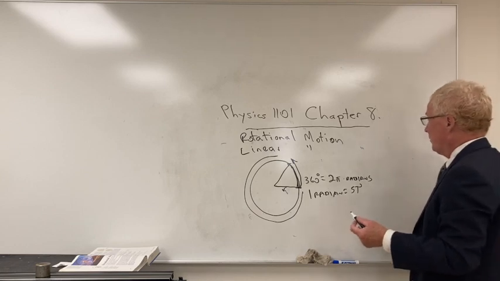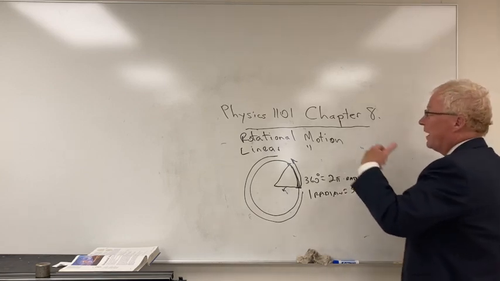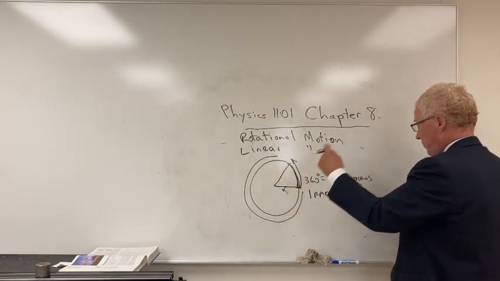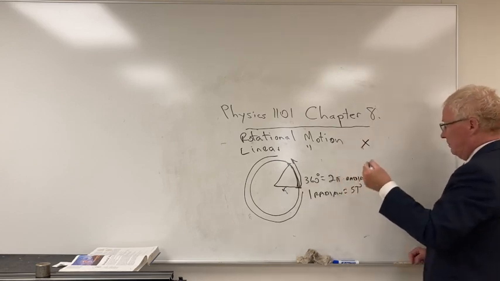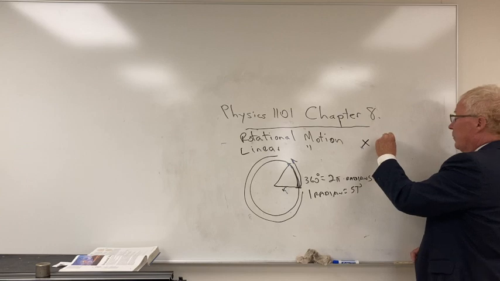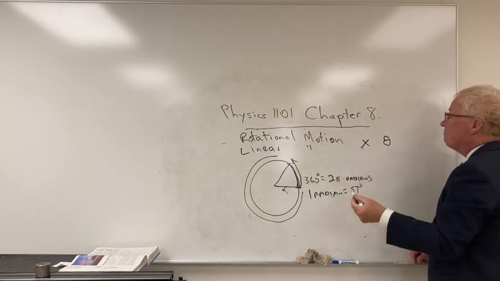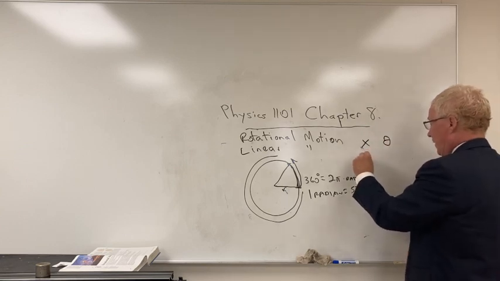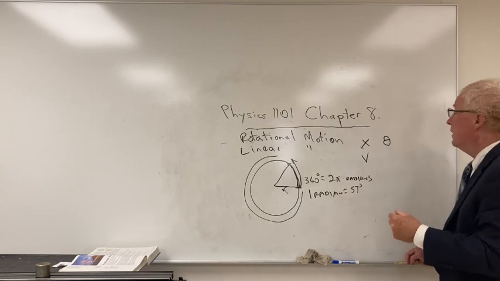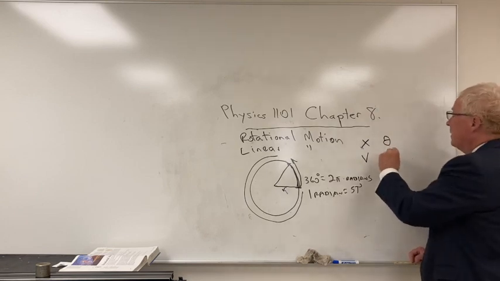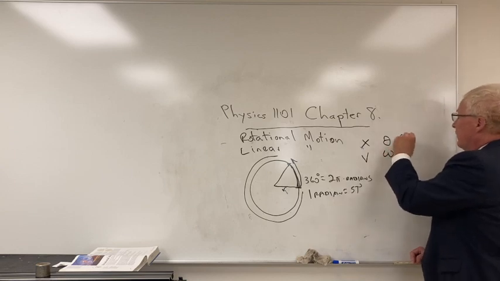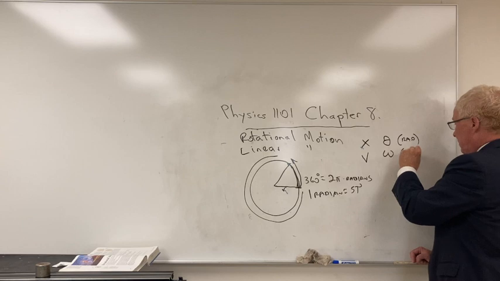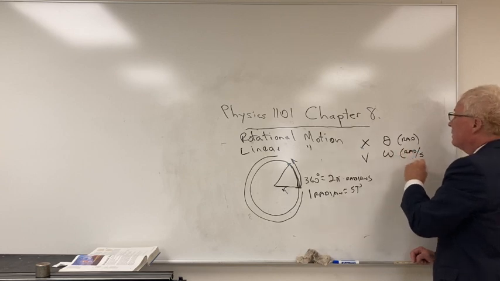A couple other things we're going to be introducing are angular motion. So we've had x for distance. We are now going to have the Greek letter theta. For velocity, which was in meters per second, this will be omega, in radians per second.